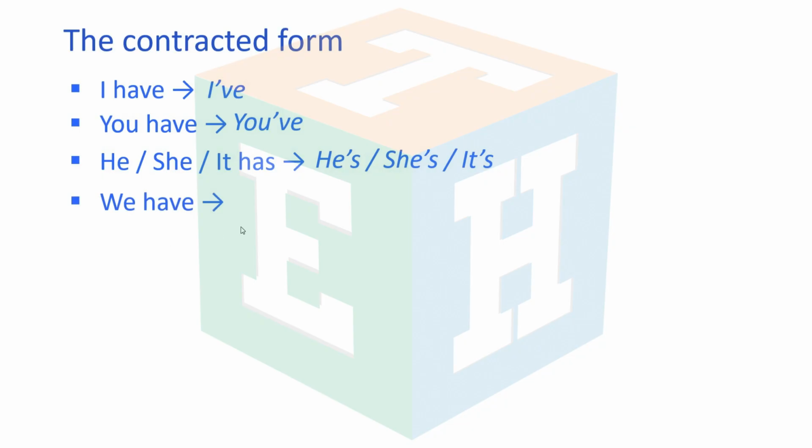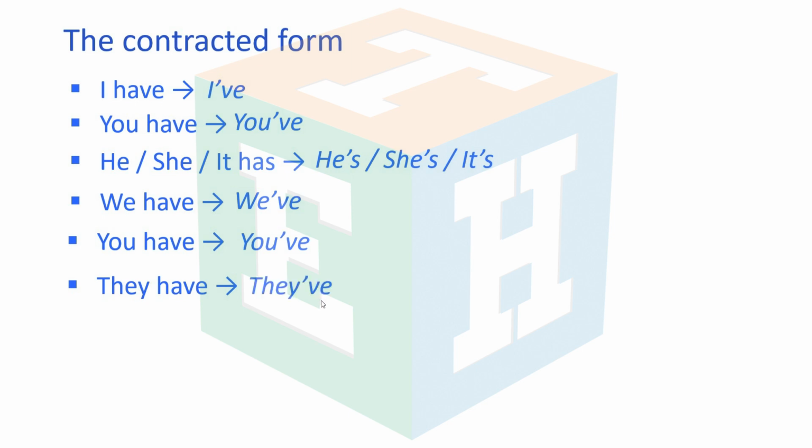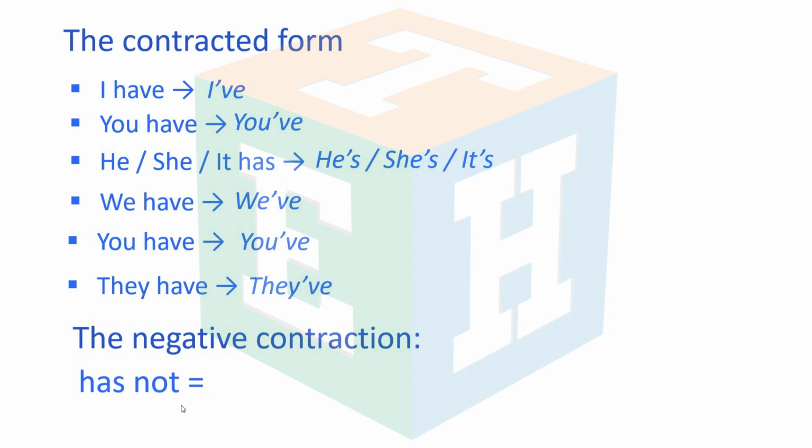We have becomes we've. They have, they've. The negative contraction has not becomes hasn't. Have not becomes haven't.